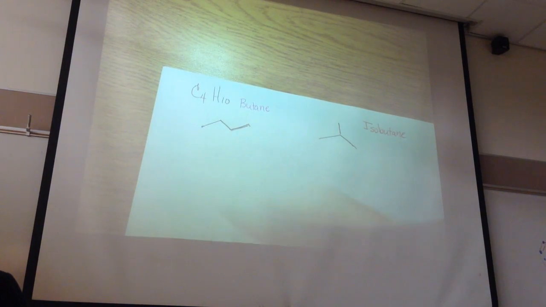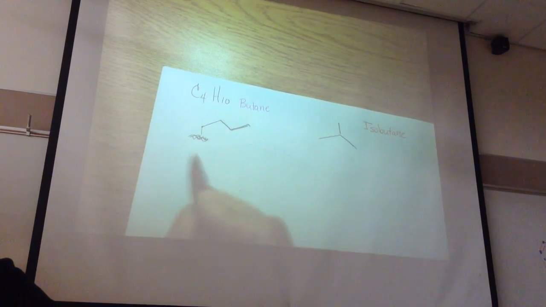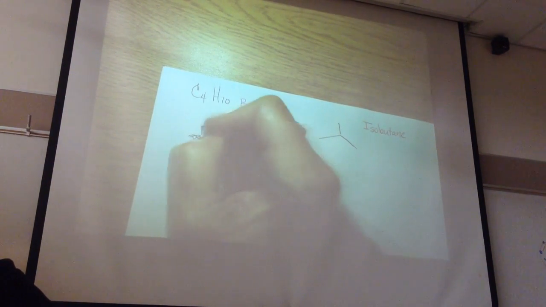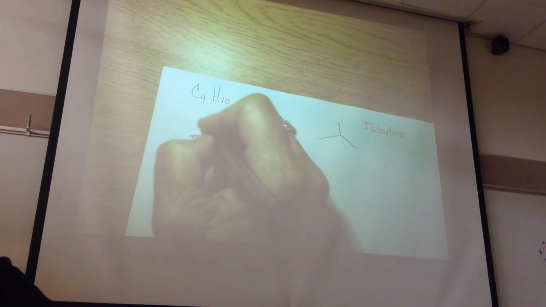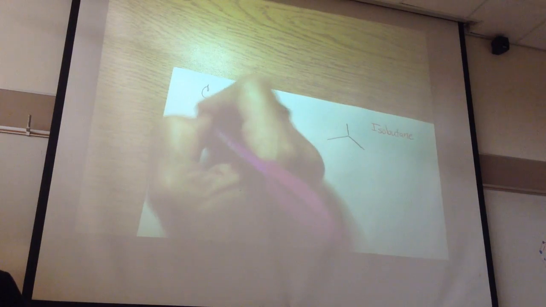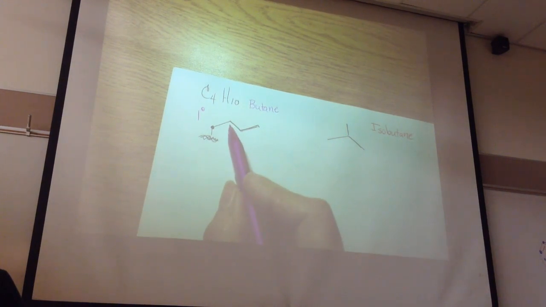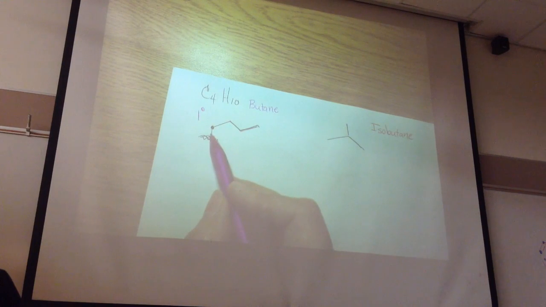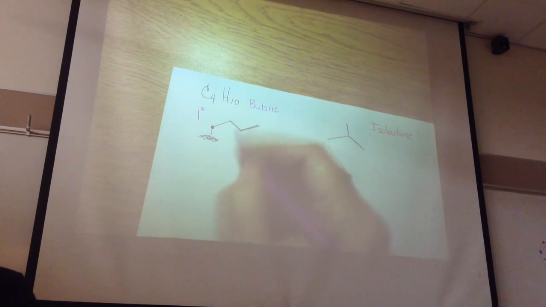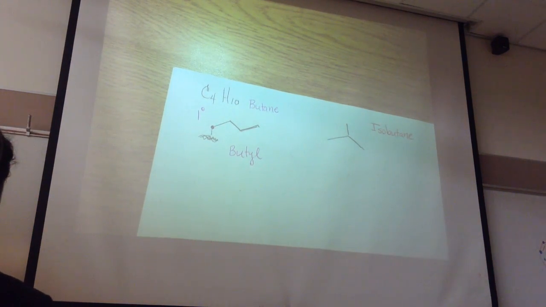If you go ahead and you take this one hydrogen and you attach it to a bigger molecule, because you remove a hydrogen from this guy that we called a primary carbon. Can everybody see why we're calling it a primary carbon? We're calling it a primary carbon because I'm only bonded to one carbon. So every single time it was called a primary because you're bonded to one, that guy would have been called a butyl, like that.